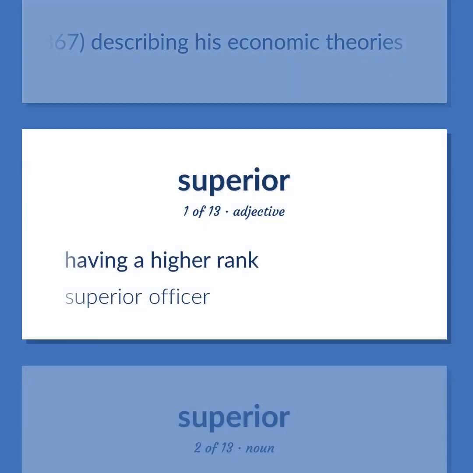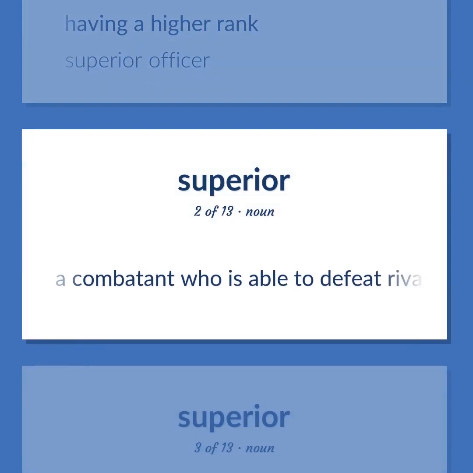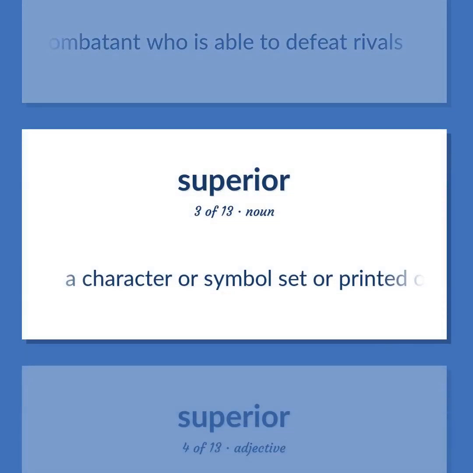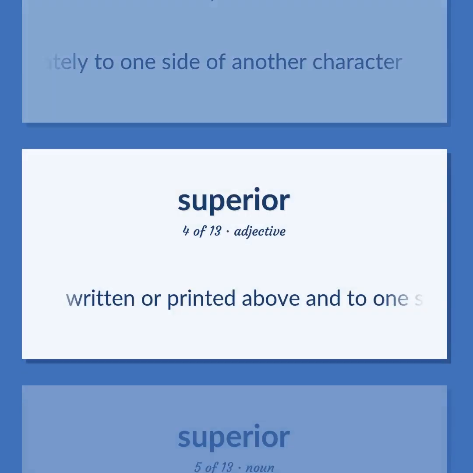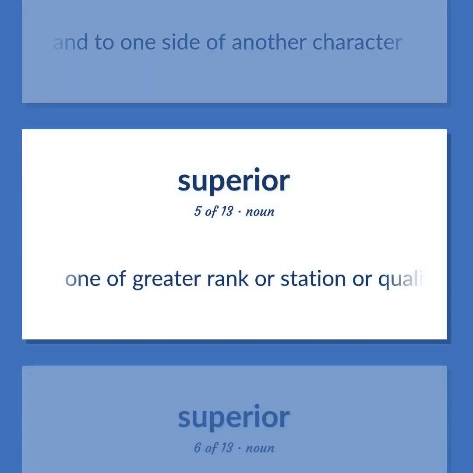Having a higher rank. Superior officer. A combatant who is able to defeat rivals. A character or symbol set or printed or written above and immediately to one side of another character. Written or printed above and to one side of another character. One of greater rank or station or quality.